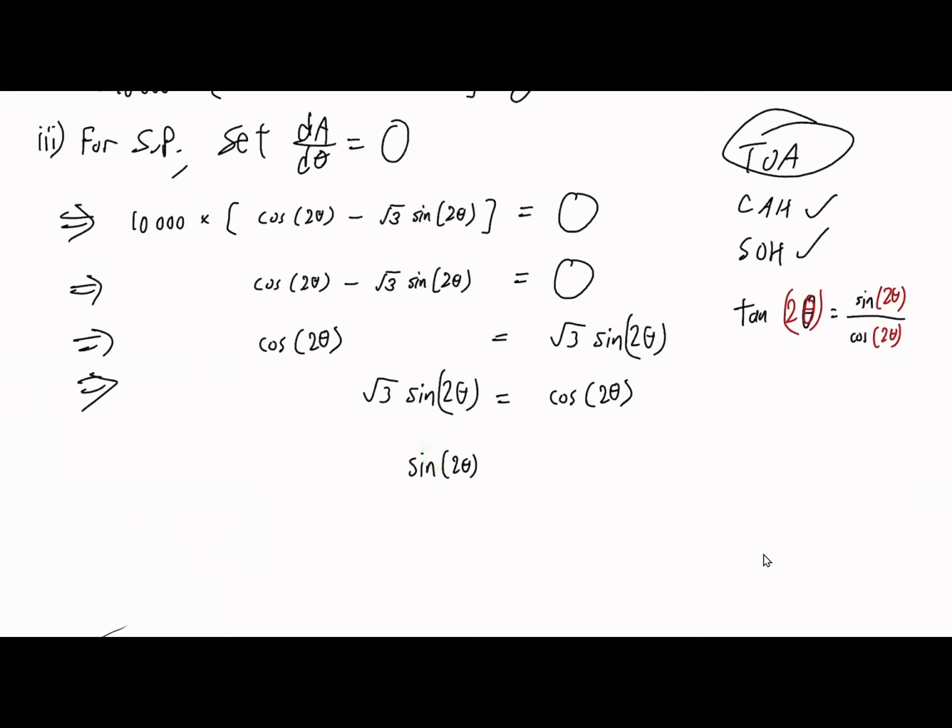Okay. Tangent 2 theta equals to 1 over square root 3. Very good, nice. 1 over square root 3.